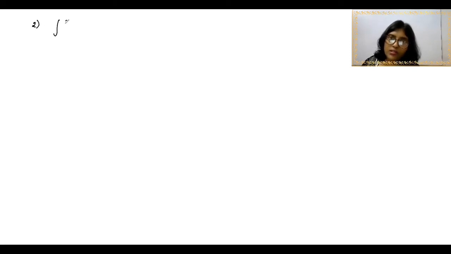It is integration of x minus 1 the whole square upon x square plus 1 the whole square dx.